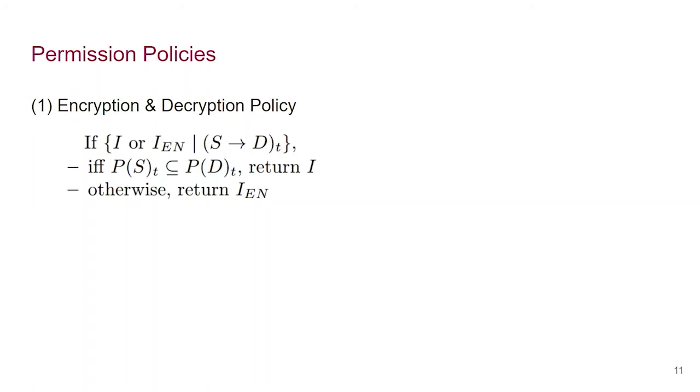S is the source app and D is the destination app. The arrow means S sends an intent to D at time t. This policy means if the permission set of destination D contains that of source app S, then we will return the intent without encryption, otherwise the intent with encrypted data.